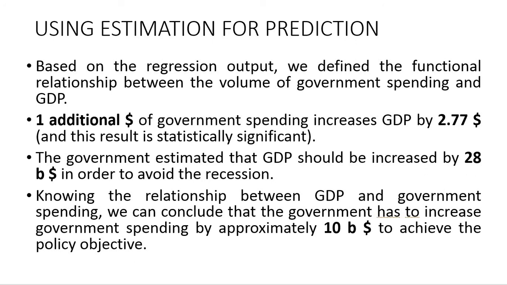So basically, using this knowledge, the government can estimate the volume of government spending which is needed in order to increase the value of output by some specific value. Again, this is a very simple and very basic example. In statistical offices, people use much more complicated models, but this was just to provide you with a general idea regarding econometric estimation.